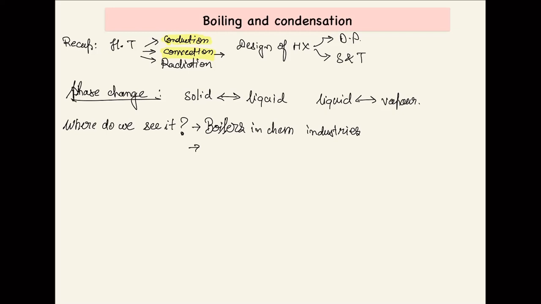So again, to generate the steam, they use the boiler, and then the vapors exiting from the turbine are restored to liquid, condensed, and again heated. So they have boilers and condensers in the power industry also. These are the main applications as to why we wish to understand this topic of boiling and condensation. All right.